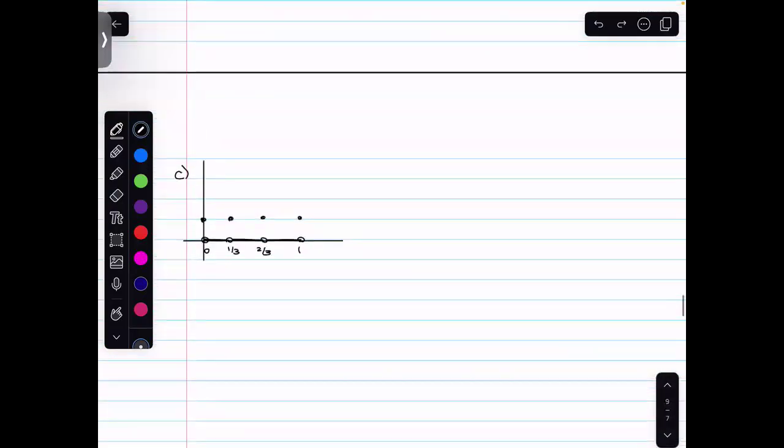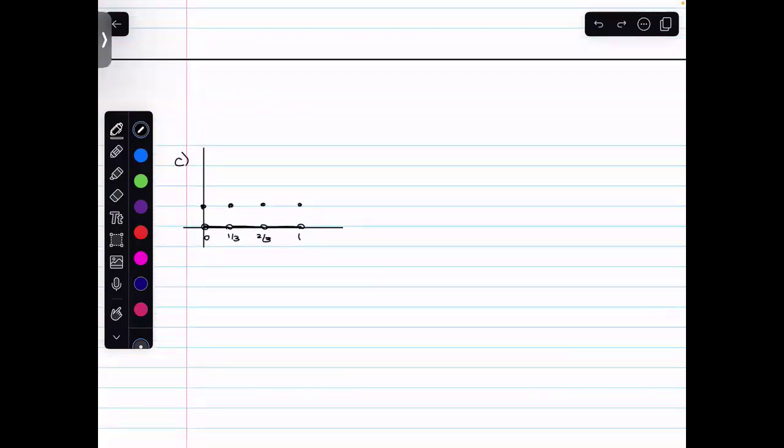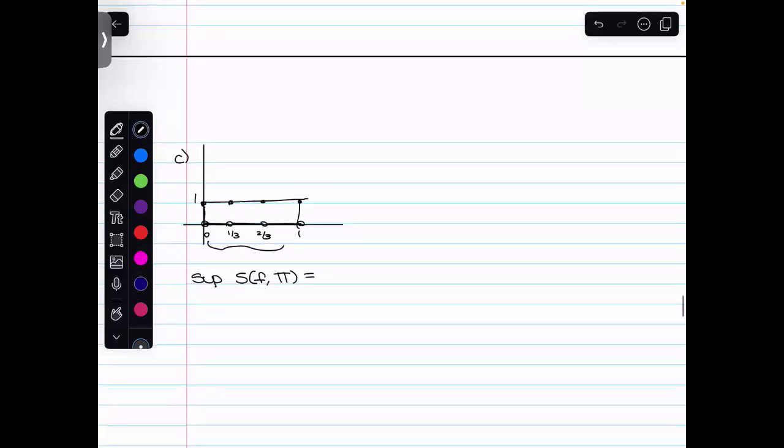If you think about the most extreme situation, where you don't split it into subintervals and take a single subinterval, the upper integral sum, the supremum, would be if you use the highest of the heights as the height for the whole rectangle. That height is 1, and the length is 1, so my area would be 1 times 1, so 1.